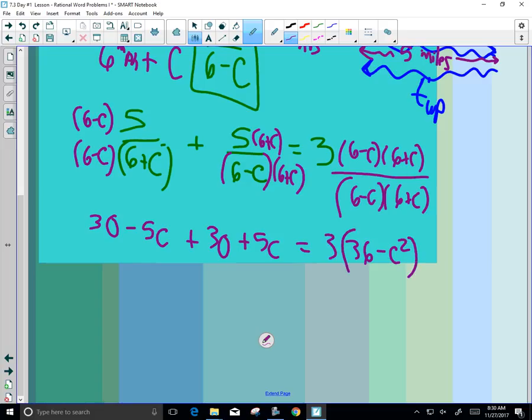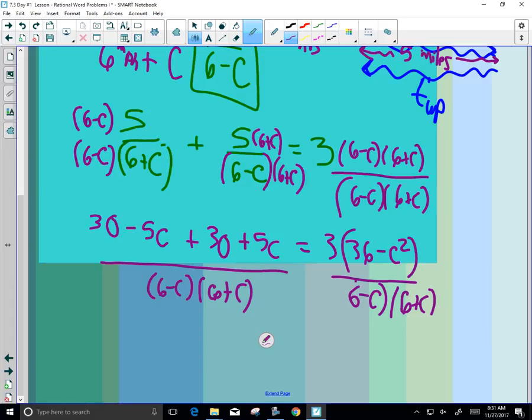And all of these denominators, you can do a 6 minus C times 6 plus C. But if you multiply both sides by 6 minus C, 6 plus C, can you see how these are, you can ignore those? Did I go too fast?